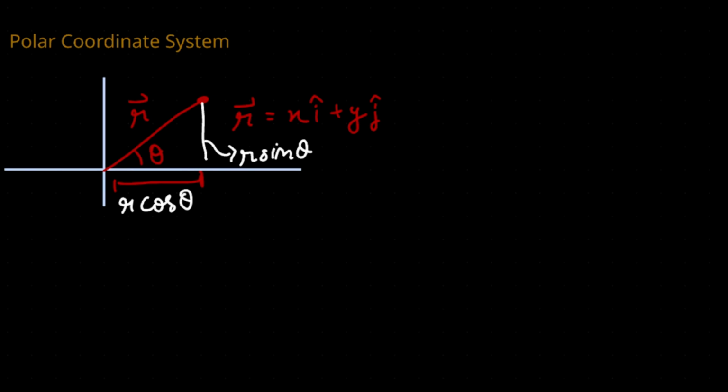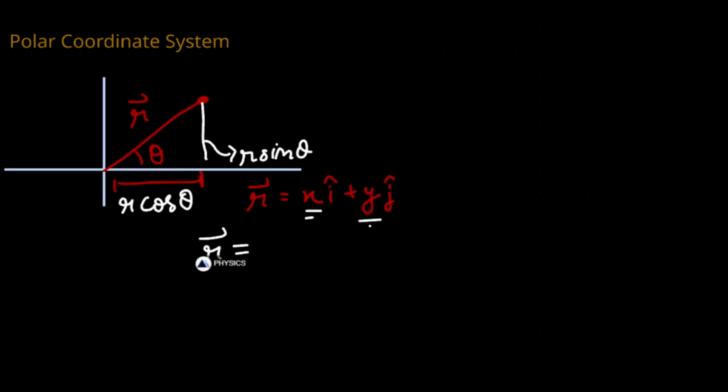So now if you move this right over here, this x and this y can be replaced with what we have just found. So we say that the r vector is actually r cos theta i cap plus r sin theta j cap.